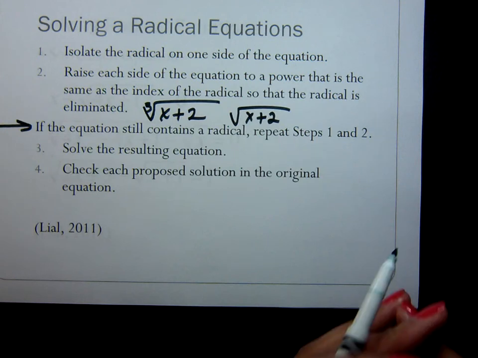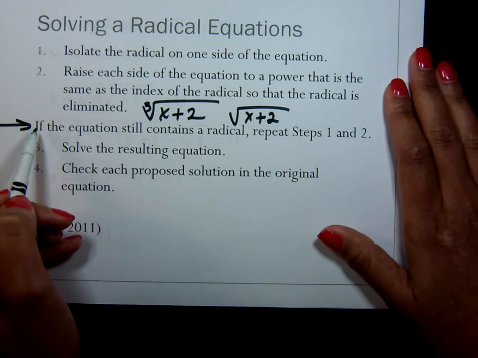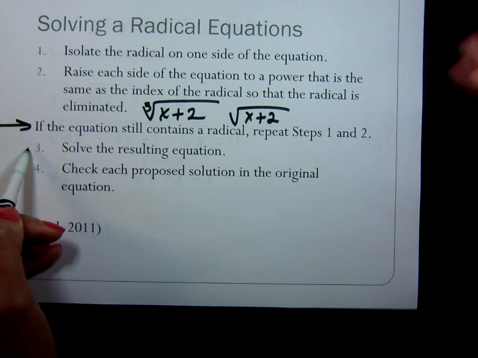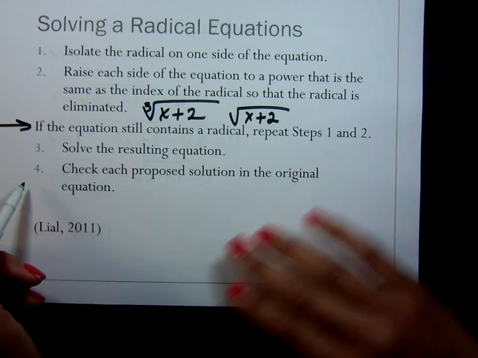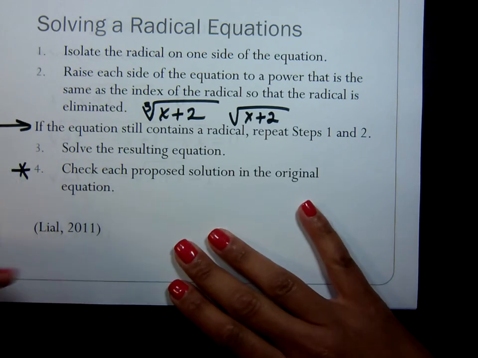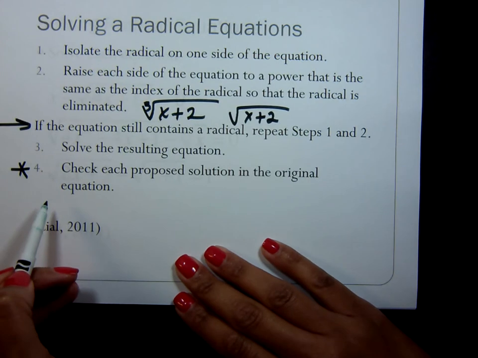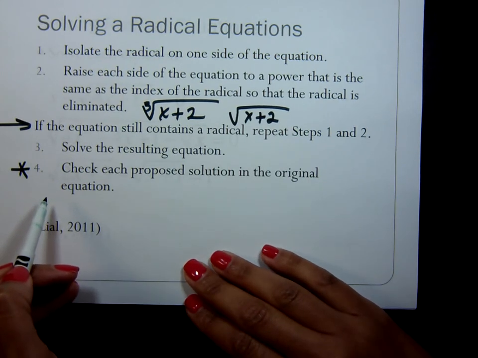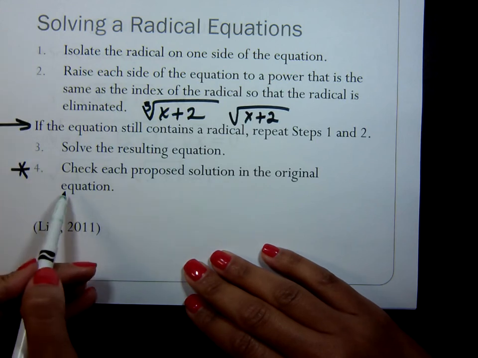So you can only eliminate, sometimes I should say, one at a time. Then we solve the resulting equation, and then we check each proposed solution in the original equation. And checking our work here is not optional, it's a must, because we will sometimes get extraneous solutions due to this power property that we're using.